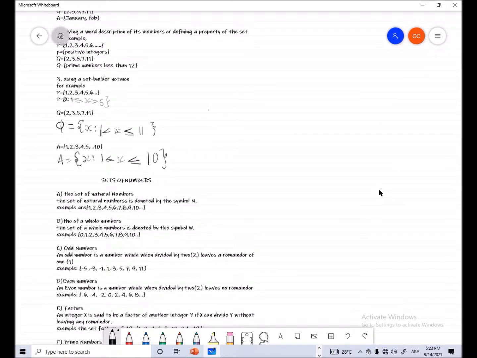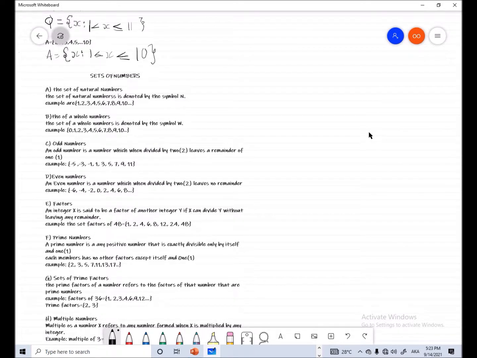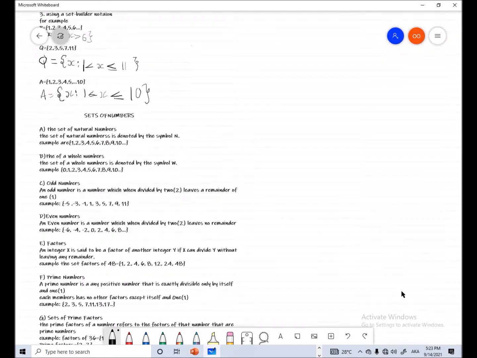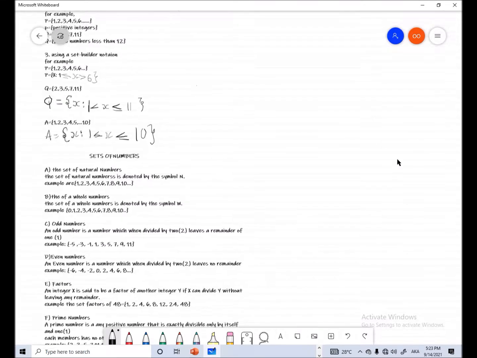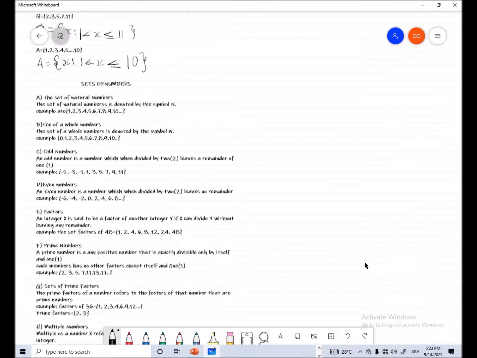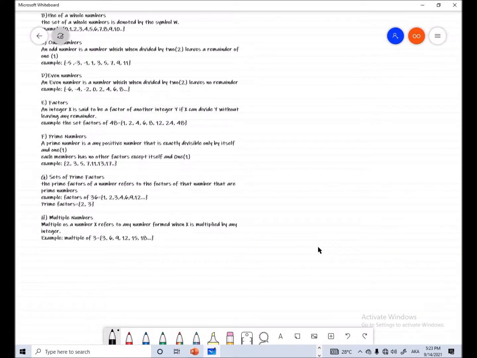The next time we come, we will go to the set builder notation and apply the definitions that we've looked at. So we use set builder notation to list prime numbers, odd numbers, even numbers. Then we do the ranging, as we did it here. Alright, so we end it here.